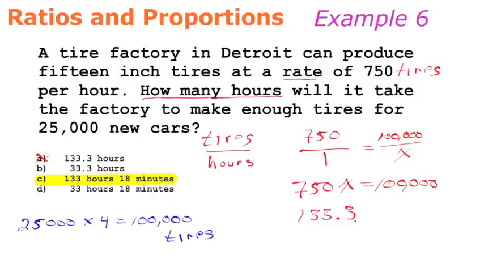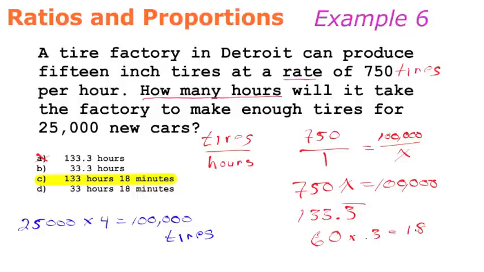Well, there's a couple ways to do it, but it really breaks down to the idea that there's 60 minutes in an hour. And if we have 3/10 of an hour, of course this is a rounded number, it's 133.3 repeating on your calculator, but it's obviously been rounded to 0.3. If you think of an hour as 60 minutes, if you take 60 times 0.3, which would be 3/10 of an hour, that gives 18.